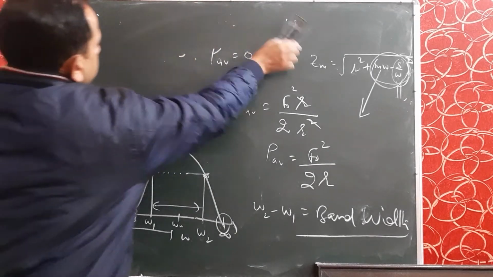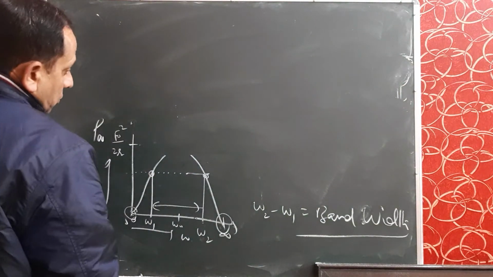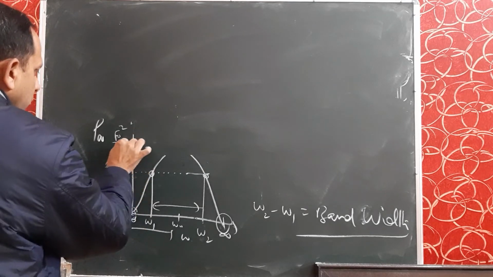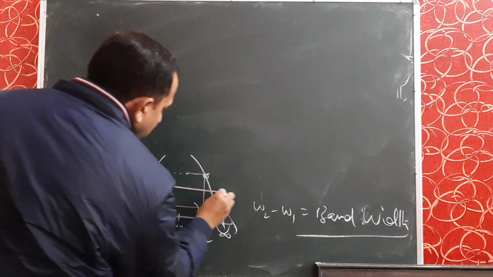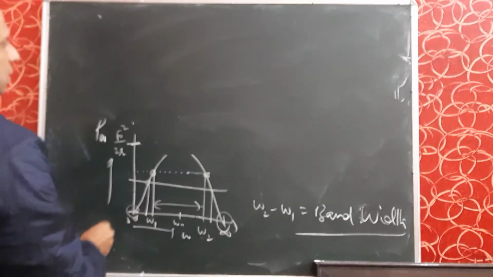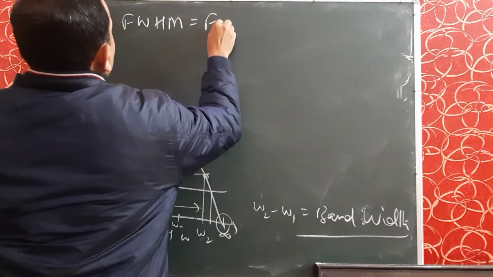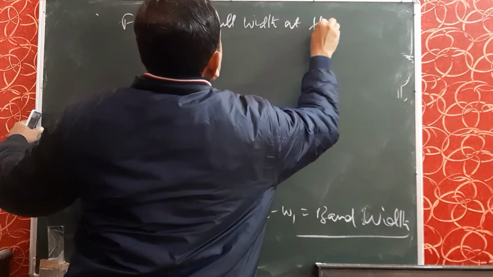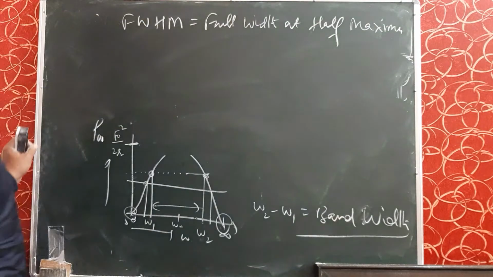If we draw this line exactly at the center of the minimum 0 and this maximum value, this is the center. If we draw this line at the center, then the corresponding points give what is called the full width at half maxima.